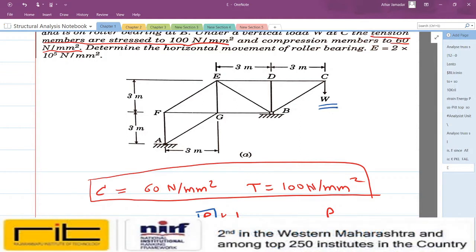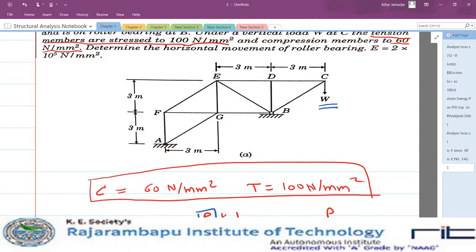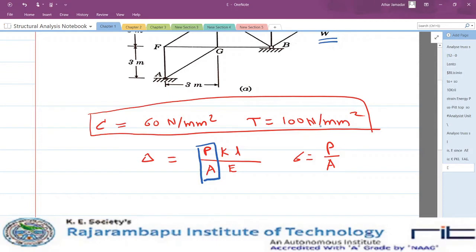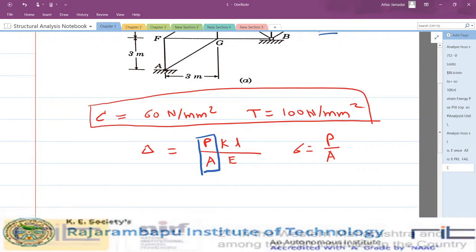And now after finding out what natures of each and every forces due to this W load, then whatever forces are tensile one, at that location we have to write down directly value of P by A is equal to 100 Newton per mm square, and whatever compressive members are there, at that point we have to write down value of P by A is equal to 60 Newton per mm square.